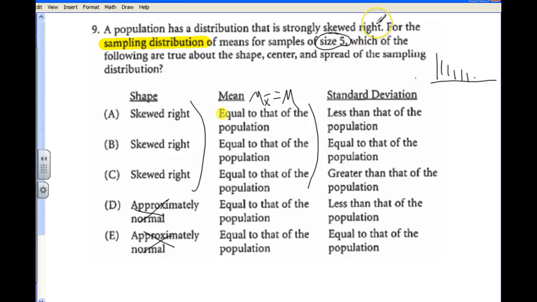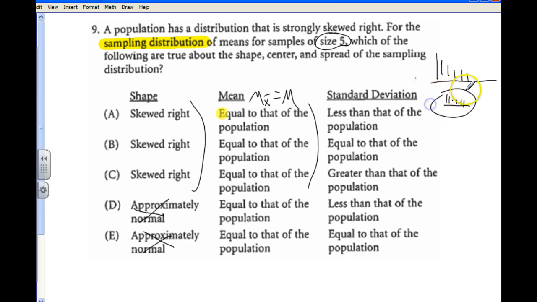Now, as sample size increases, which of the following is true about the shape, center, and spread of the sampling distribution? So when you take a sampling distribution, it's going to immediately start getting smaller. Remember, we've done that even with our pennies and nickels. I don't know what exactly this will look like, but it'll have a smaller spread to it.